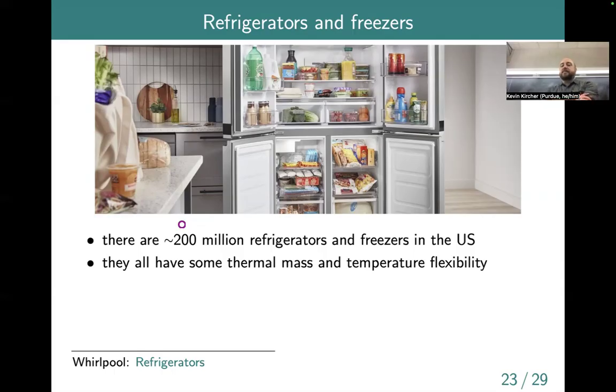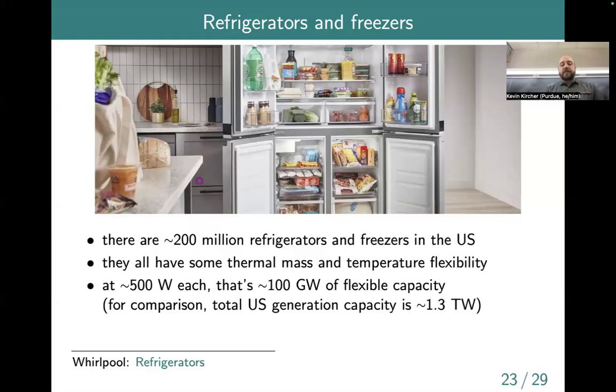And each of them has some flexibility. In the same way we talk about playing games with adjusting temperatures inside of a building, you could imagine playing similar games adjusting the temperature inside of a fridge. So you could pre-cool some food or deep freeze some food. And then during a period when the grid is stressed or electricity is really expensive, you can imagine basically locking out or not using the cooling system.